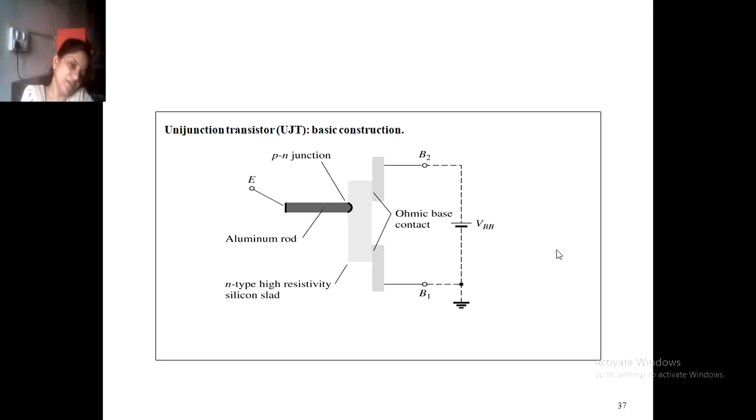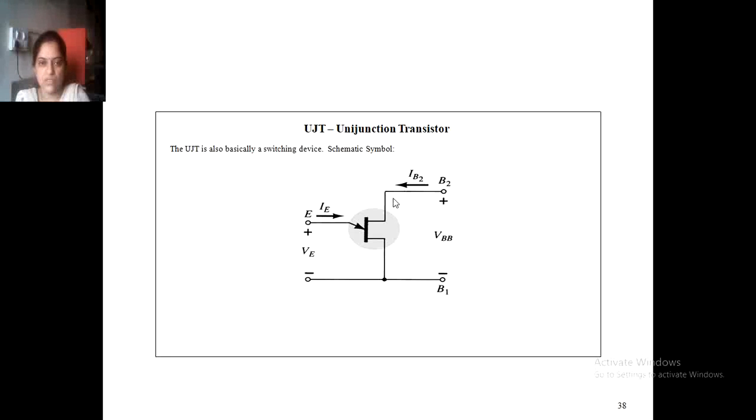At the emitter, an aluminum rod is attached to the N-type high resistivity silicon slab. At the intersection a PN junction is formed. Then two ohmic base contacts are taken out, one known as B1 and the other as B2. Across B1 and B2 we take the output voltage.